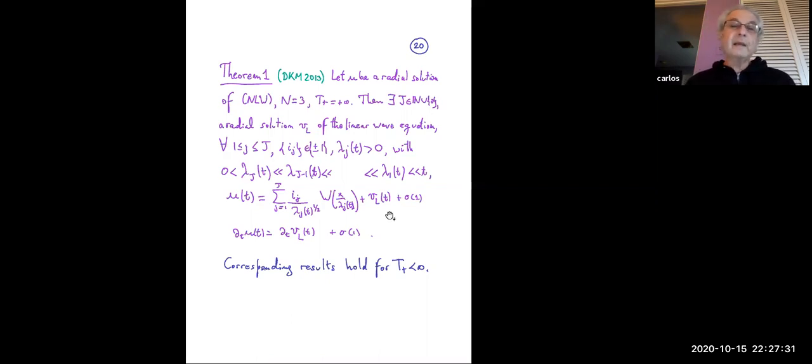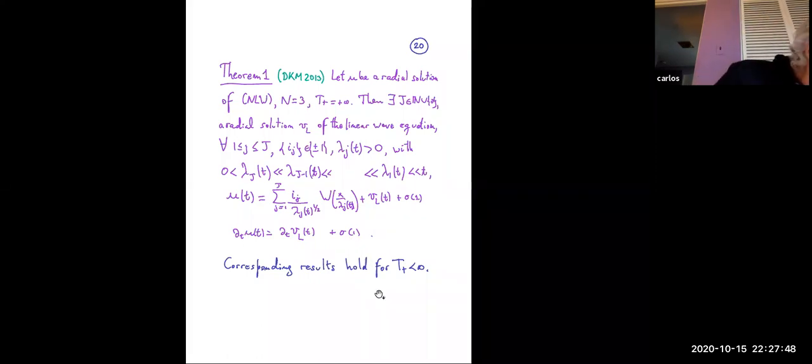And then the corresponding result for the time derivative: the W's don't depend on t, so they don't appear here. It's just the radiation term, plus a term that goes to 0 in L2. And there are corresponding results for finite time.